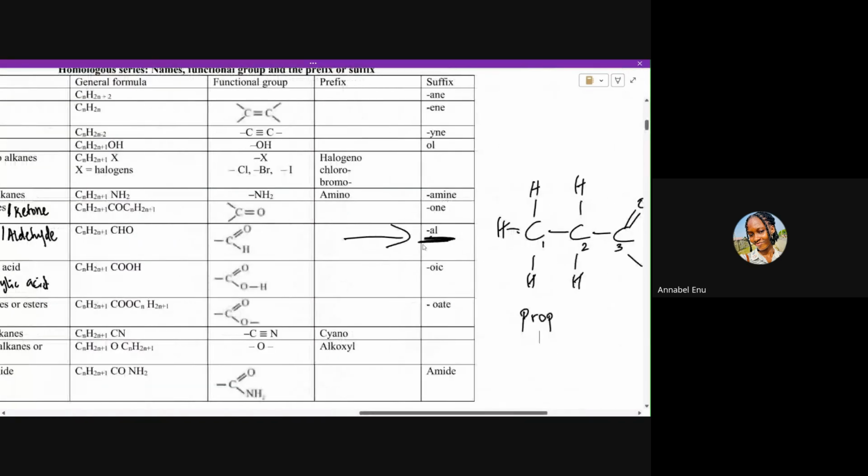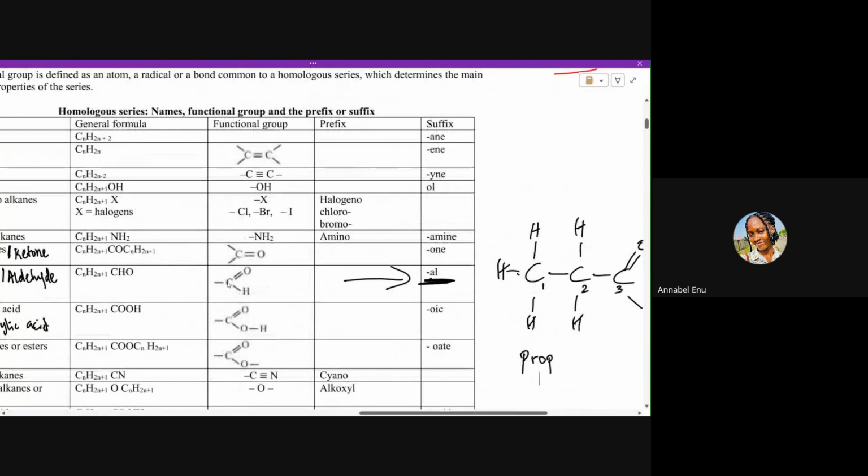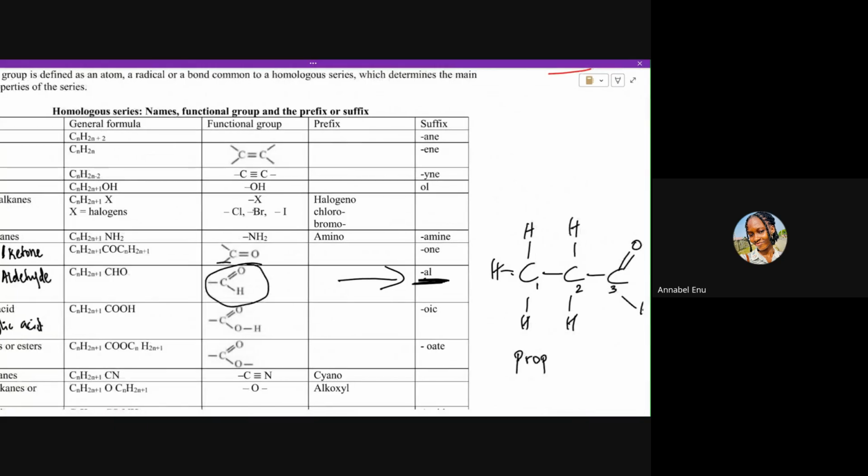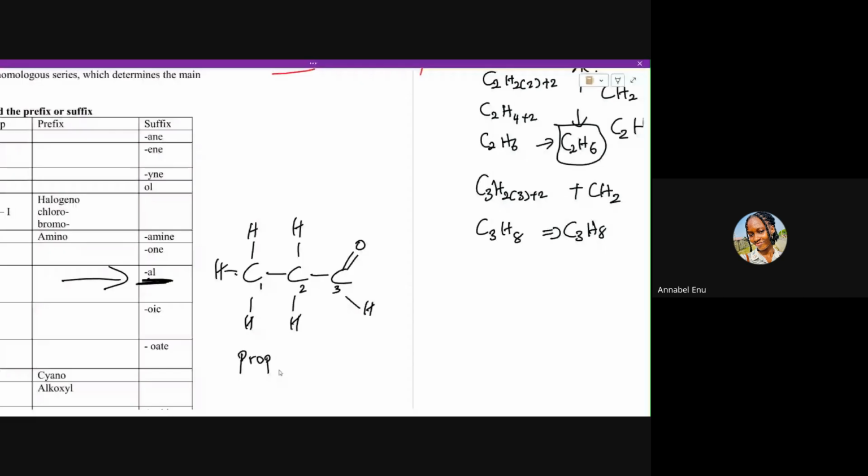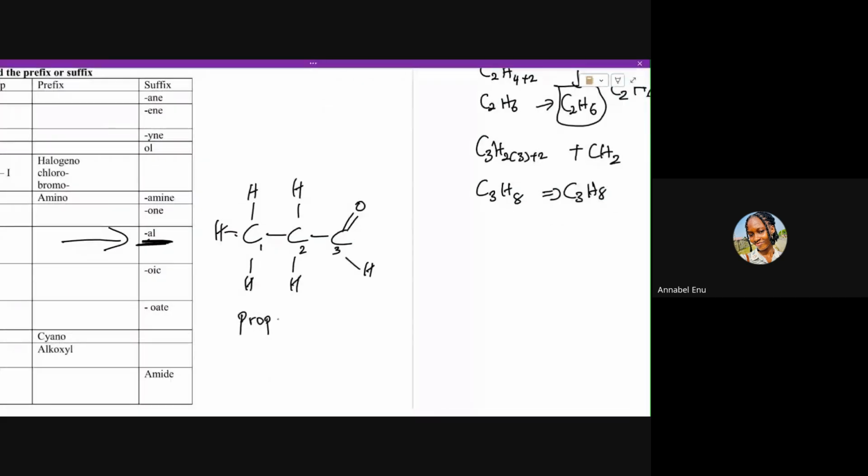How do we know that? Because of the functional group COH, the way it is written here and actually drawn in this structure. So when we see a CHO functional group, we call it propanal. This is the end name.